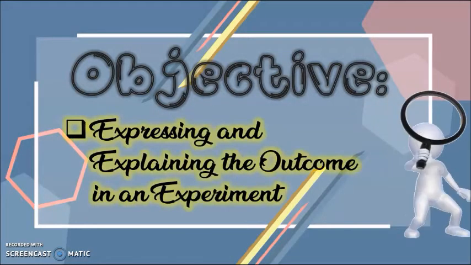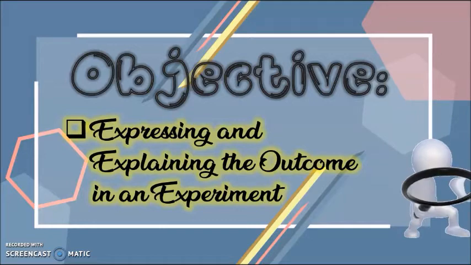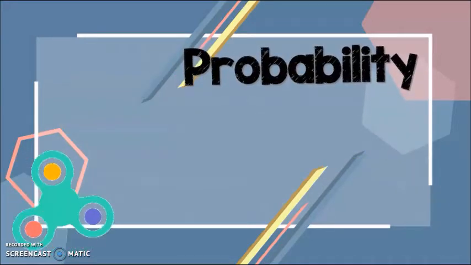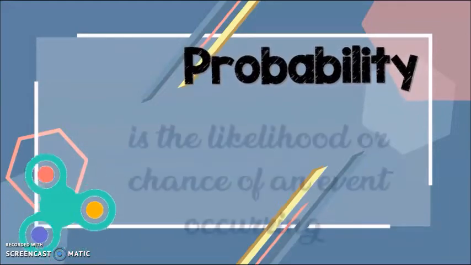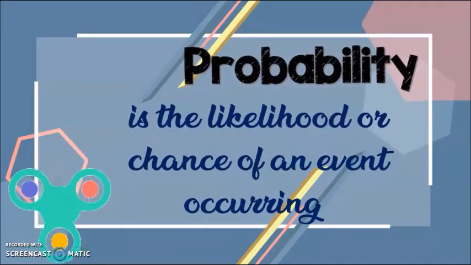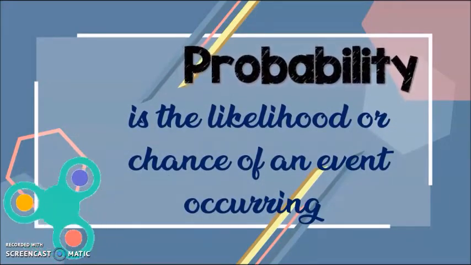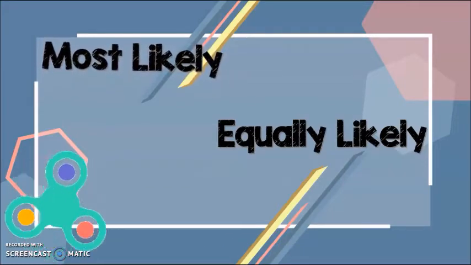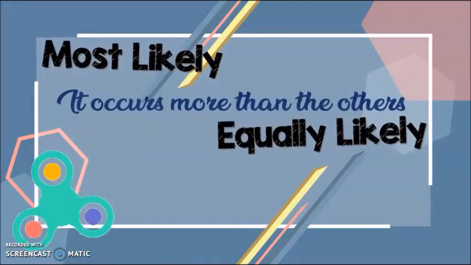For today's objective, we are to express and explain outcome in an experiment. When we say probability, it is the likelihood or chance of an event to occur. Most likely or equally likely: when we say most likely, it occurs more than the others.